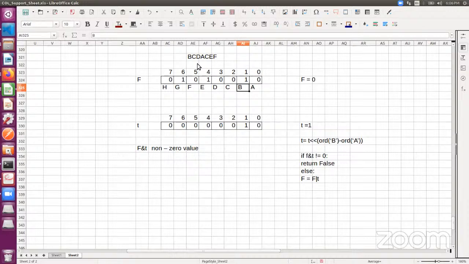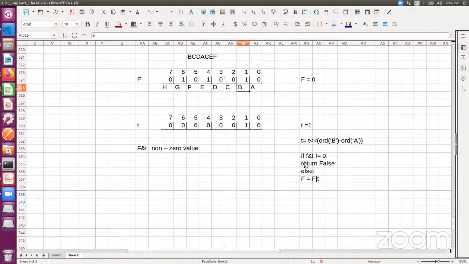Yes. So it is iterating over this entire set of characters once. So it's order of n. Inside the for loop there are some additional operations, but still it is order of n only.